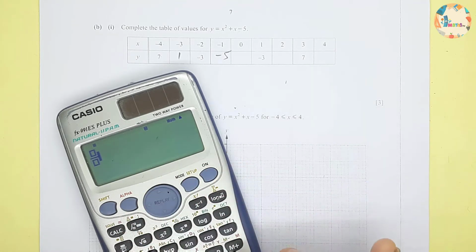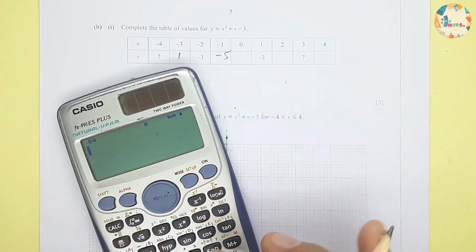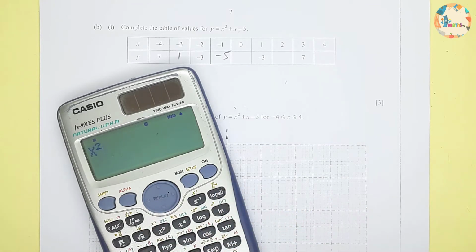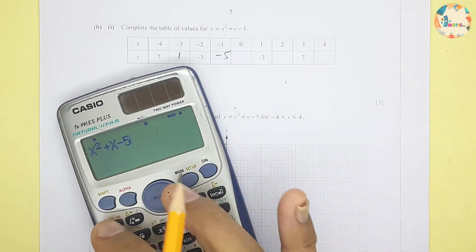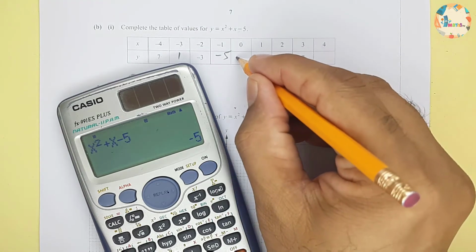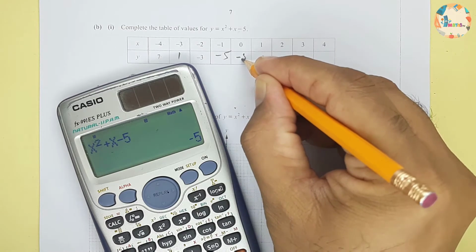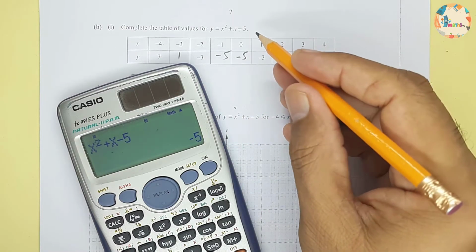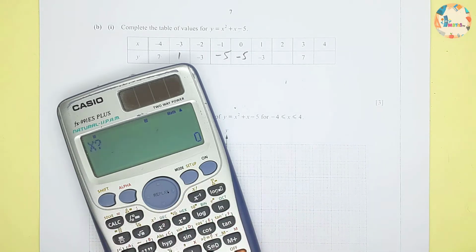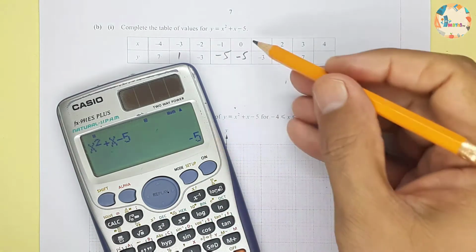We cannot go back, so we'll have to type again: alpha x squared plus alpha x and -5. This was our equation. Now calculate for x is equal to 0, and this will give us -5. For -1 it is also -5.